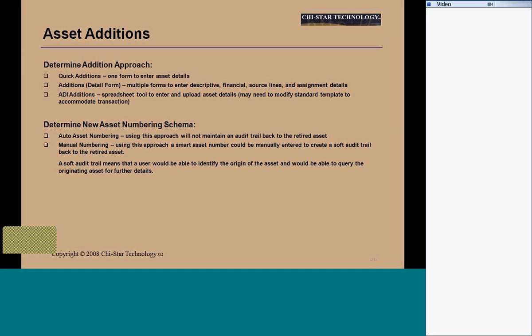Or if I wanted to have some type of link back to identify that this was a transferred asset, I could manually key in a value that would note the origin of this transaction. So I can key in the original asset number followed by an A, a B, a C, whatever I want, trying to identify that this record came from another record, and I can identify what the original record was.